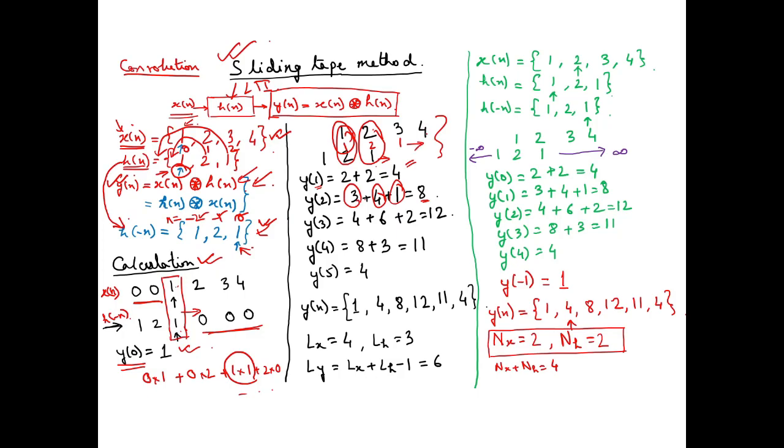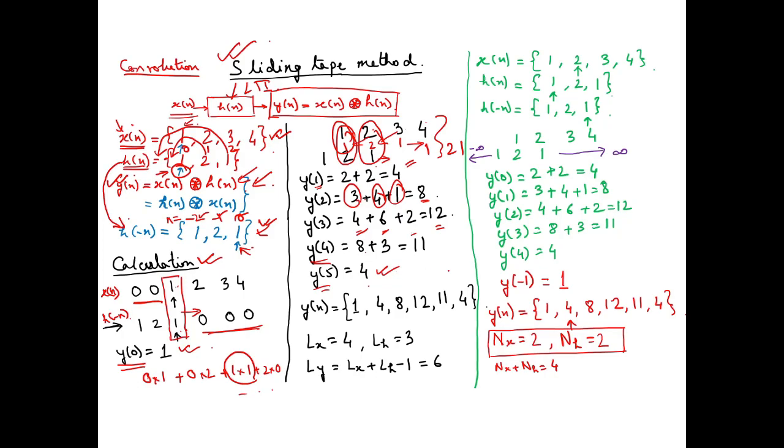So we get 4 multiplied by 1 is 4, 3 multiplied by 2 is 6, and 2 multiplied by 1 is 2, which is 12. Again we move the signal to the right to get y of 4, which becomes 8 plus 3, that is 11, and then y of 5, where we get 4 multiplied by 1 is 4, and the rest would be 0.